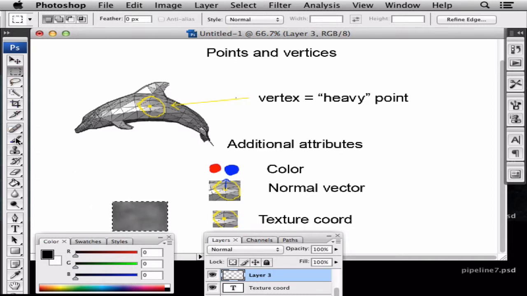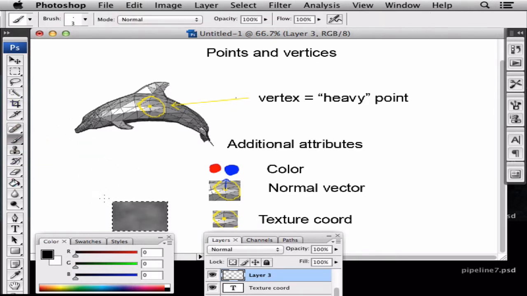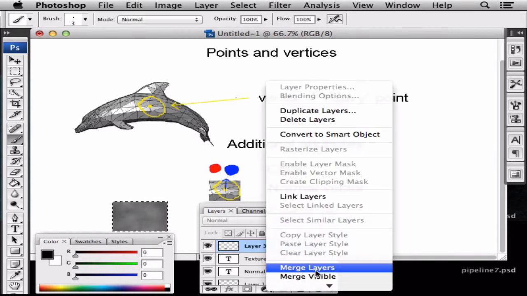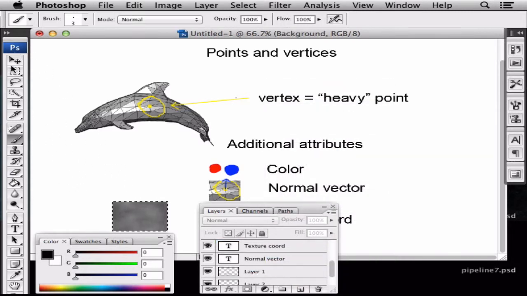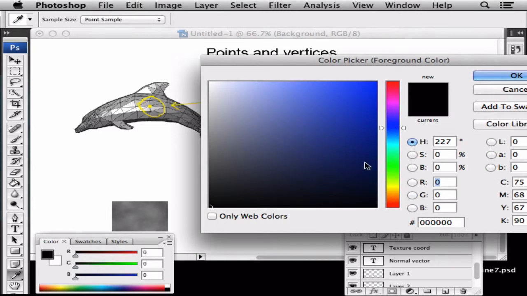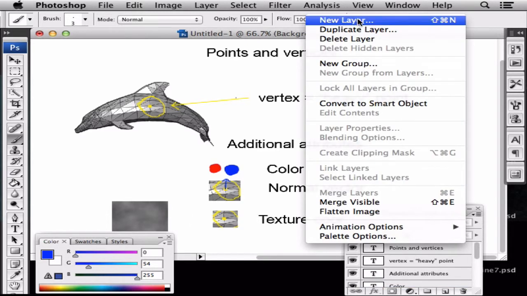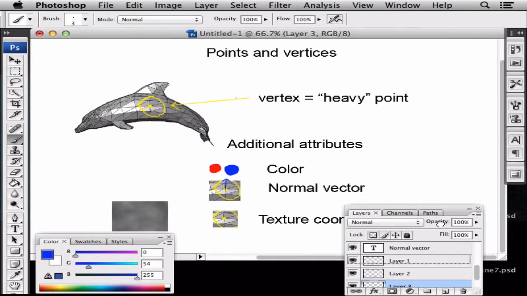Could be a texture. And the texture coordinate says something about which point on the texture this vertex is related to. So it's some point on the texture here.